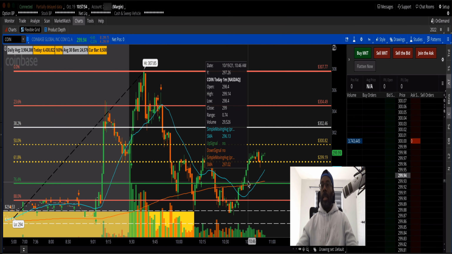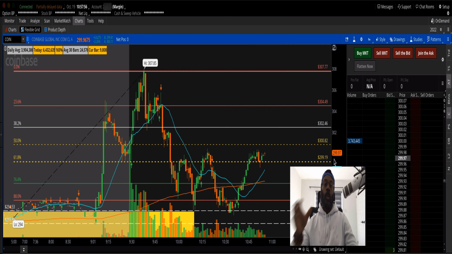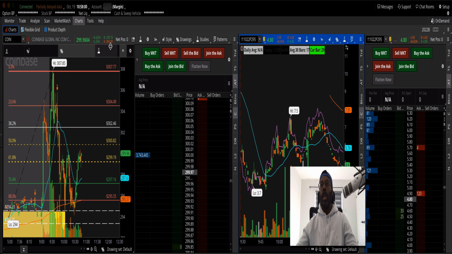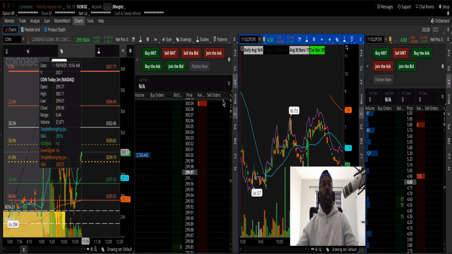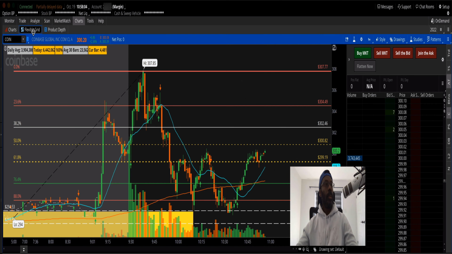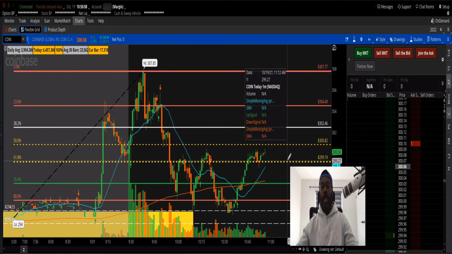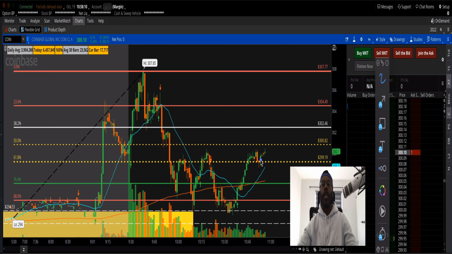With that being said, if you like what you see, let's talk about Fibonacci for a quick second. I don't want to take up too much time here. You see these lines right here?